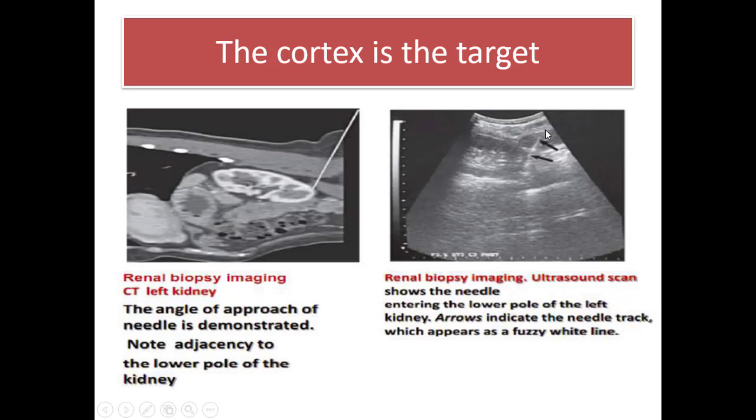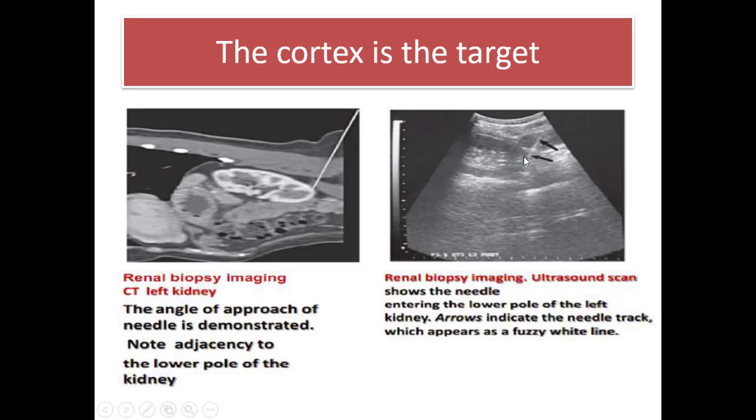If I enter, this is my needle under the ultrasound, and this is the kidney. I will direct my needle to the lower pole of the kidney, away from the vital structures, to avoid injury of any abdominal organ, intestine or spleen, in the lower pole of the kidney.